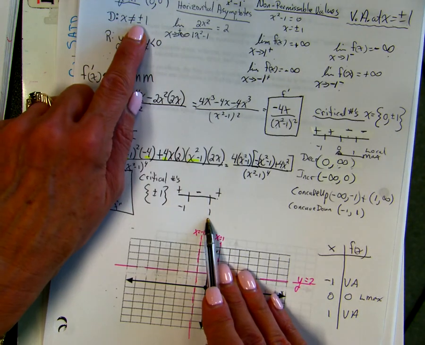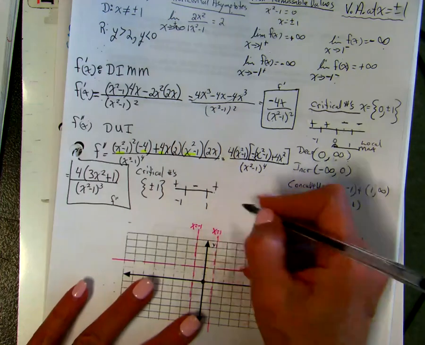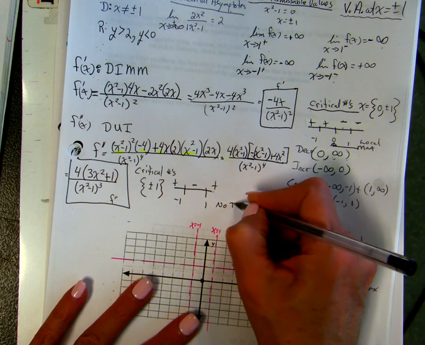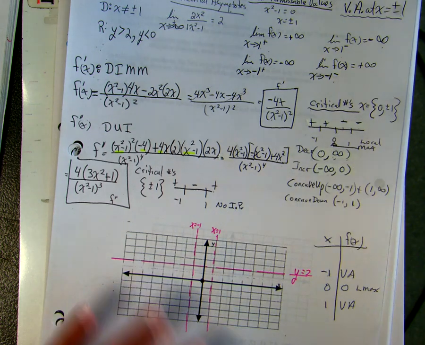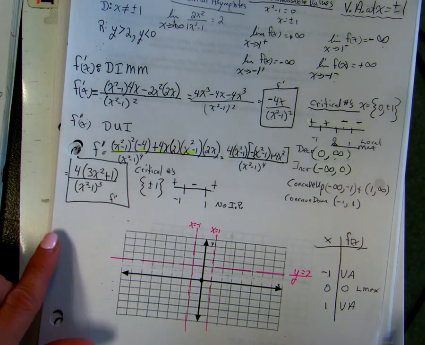The inflection point has to be in the domain of the function, or it's not an inflection point. Okay, so we say that we have no inflection point. A vertical asymptote can't be your inflection point. And I think this is it. That's all we have to do.